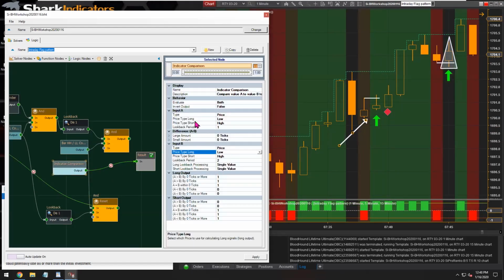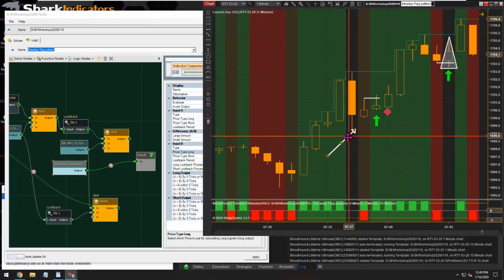So A can be greater than B or A can equal B, but we don't want A to go less than B. In other words, we don't want the low to go less than the previous bar's low. So that's the output we want.